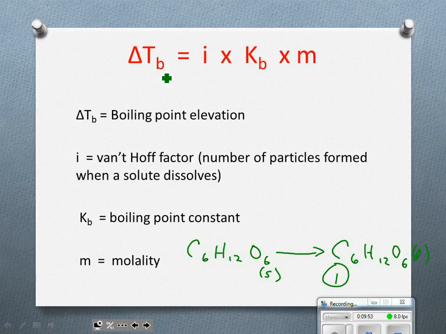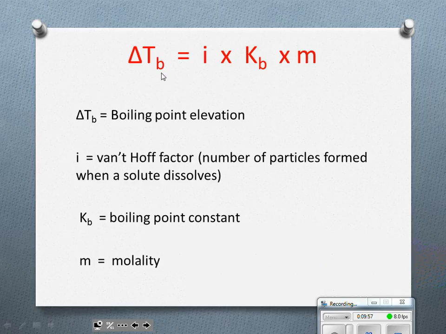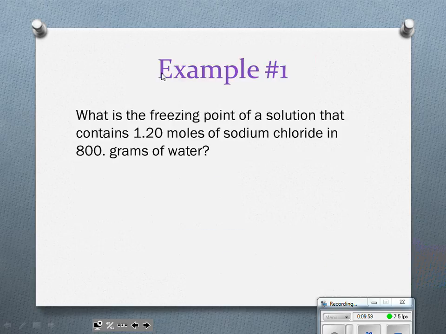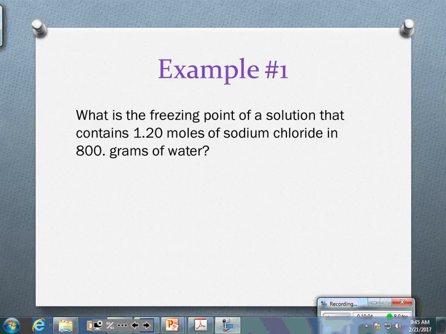All right? Now, I am going to give you a second to copy your first example here. The question is, what is the freezing point of a solution that contains 1.20 moles of sodium chloride in 800 grams of water. Now, how I do these problems is I list my 4 things that I need.